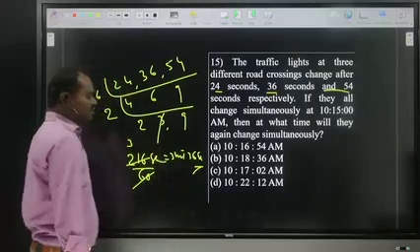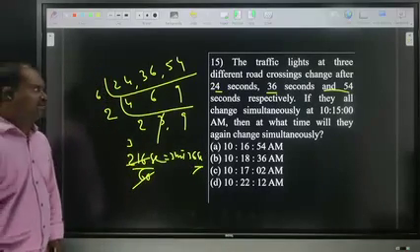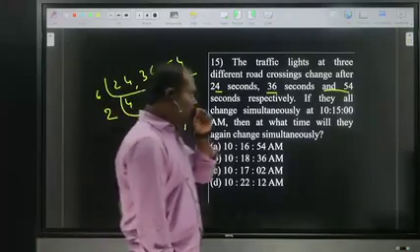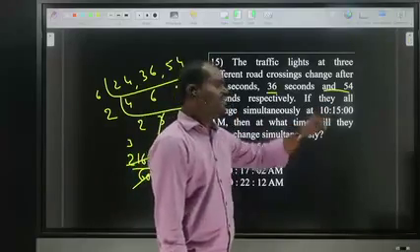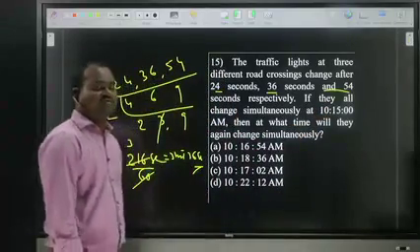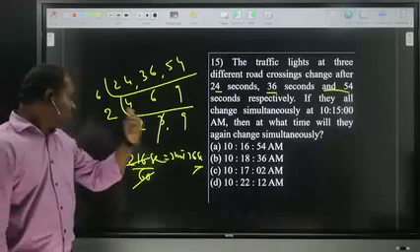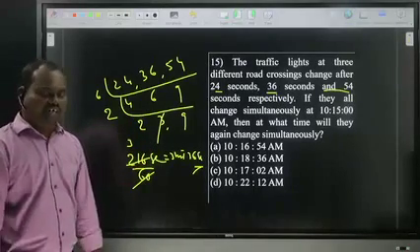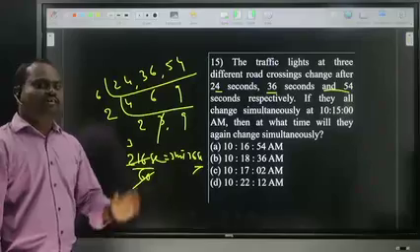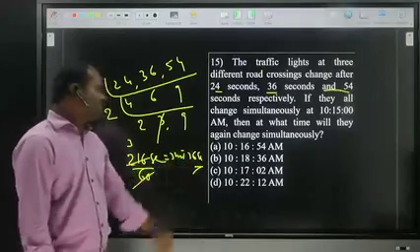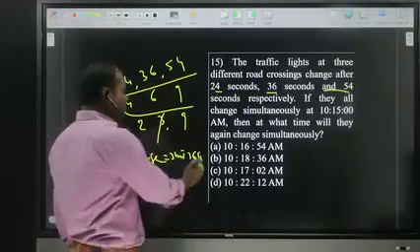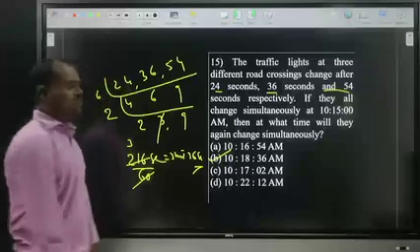It was already given clearly that at 10:15 all are changed. So after 10:15, 3 minutes 36 seconds means 10:18:36. 10:18:36 means option B.